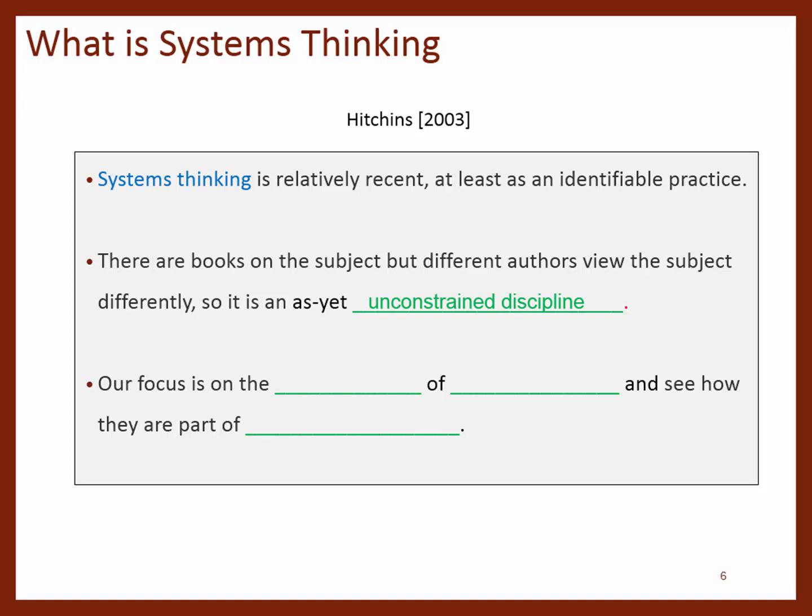However, our focus is on the key concepts of system thinking and seeing how they are part of systems engineering, which is the goal for this class. So we're going to be focusing on those key concepts within the system thinking practice, and we want to see how those are part of systems engineering.